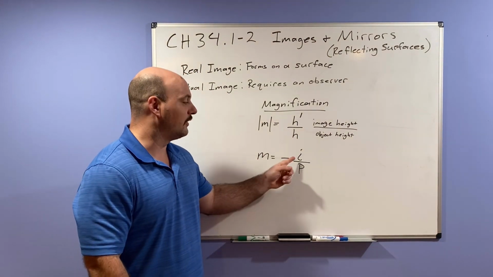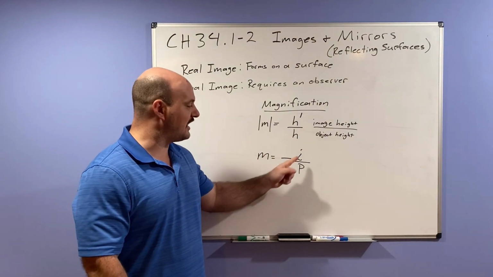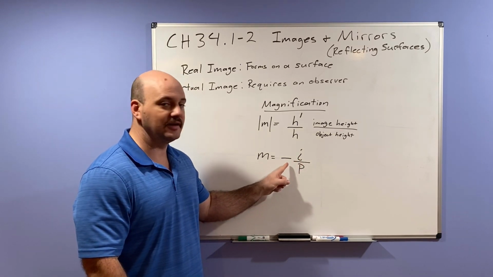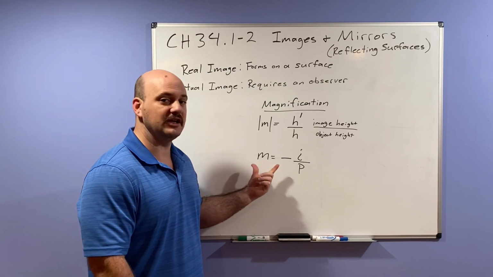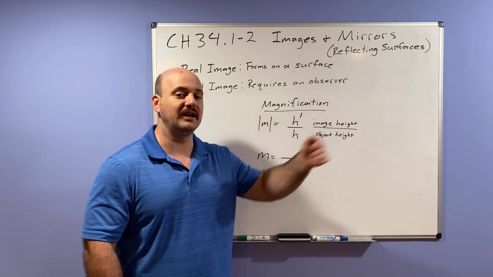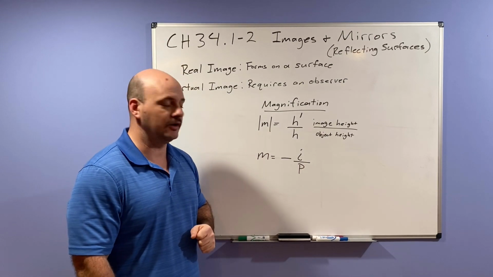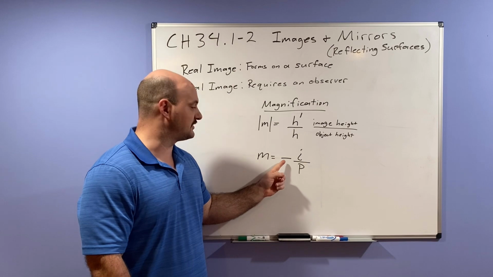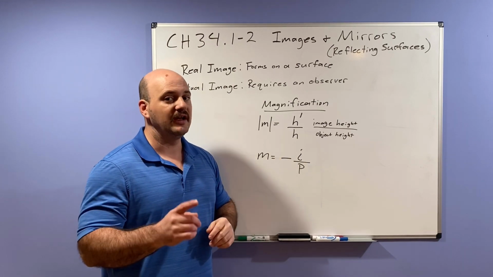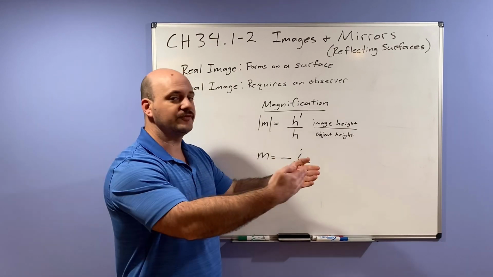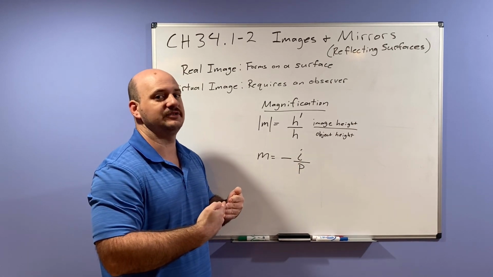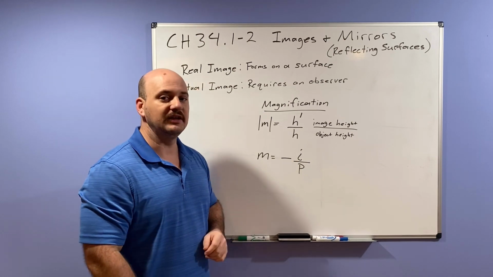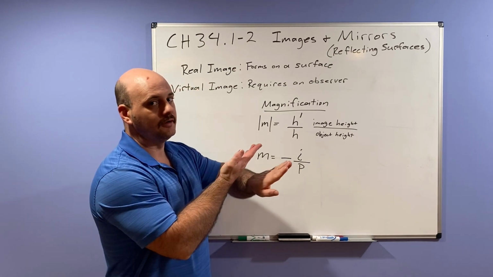Remember, a virtual image has a negative image distance. So a negative image distance times a negative gives us a positive magnification. If an image is virtual, meaning it forms on the opposite side of the mirror, then it will be upright because negative times a negative is positive. However, if the image is real, if the image forms on the same side as the object, it has a positive image distance, then the image will be inverted.